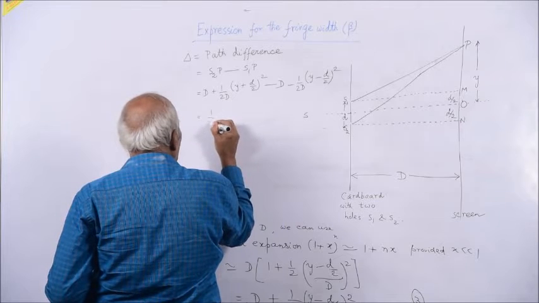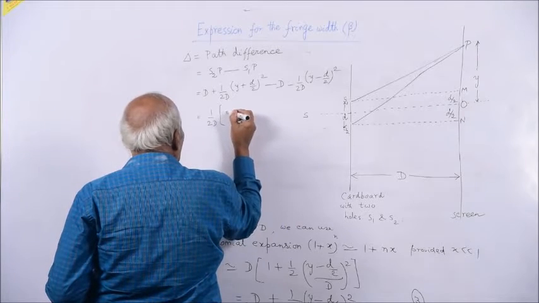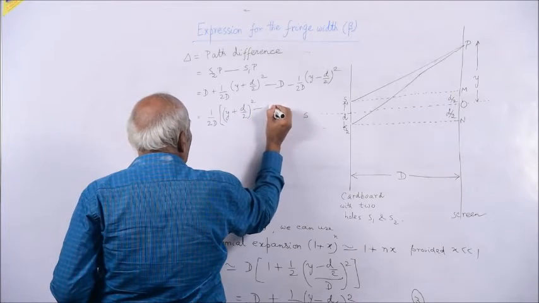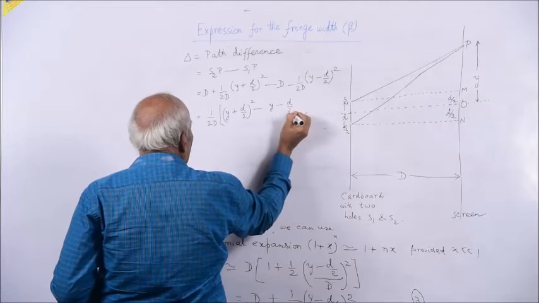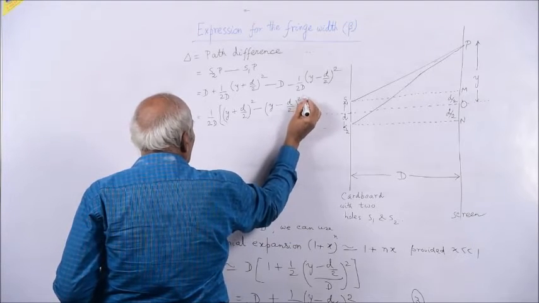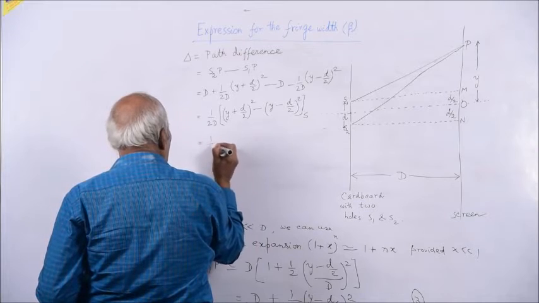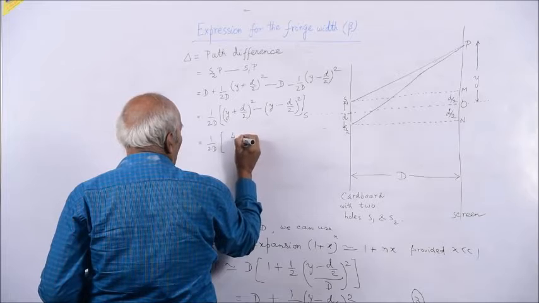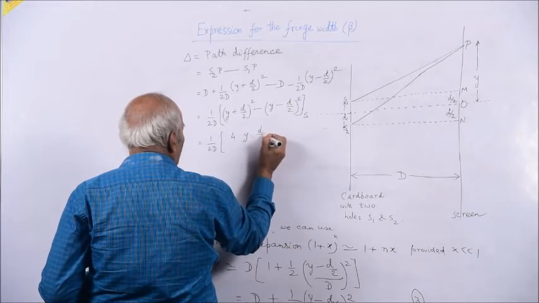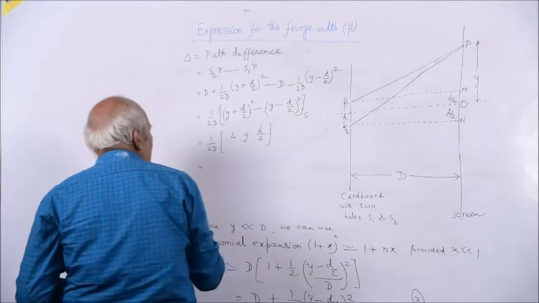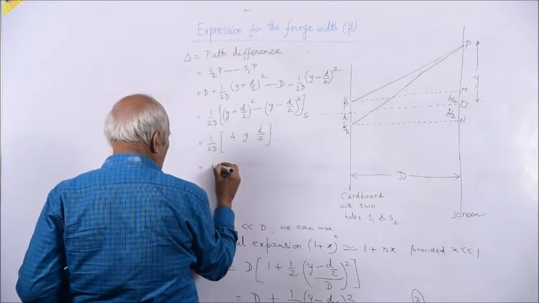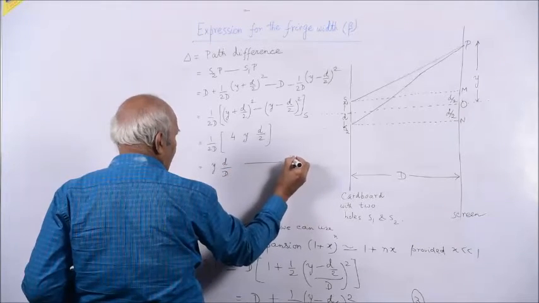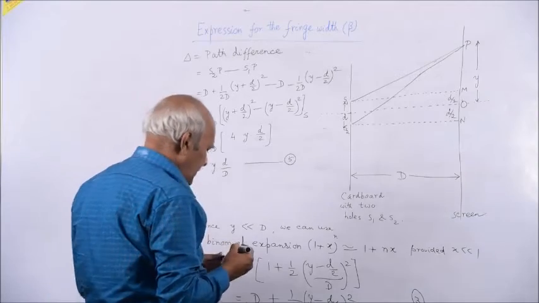That is 1 by 2D times [(y plus d by 2) whole square minus (y minus d by 2) whole square], which is 1 by 2D times 4ab, that is 4 y d by 2, that is yd by D. So, this is your path difference.